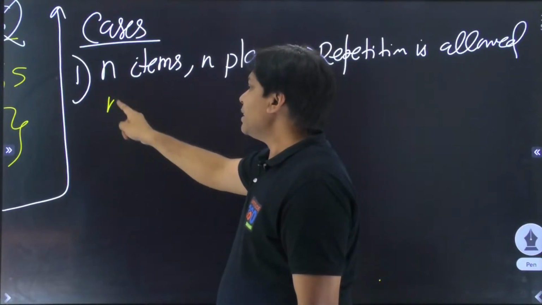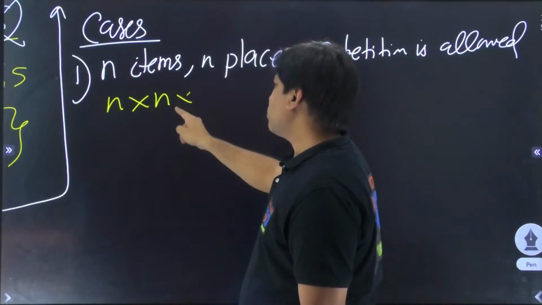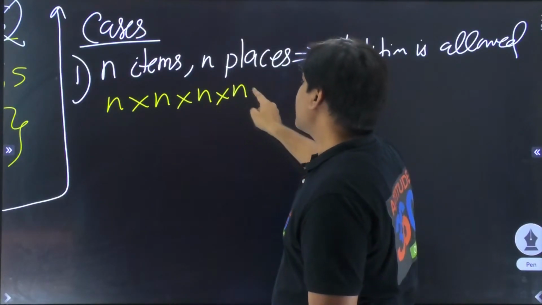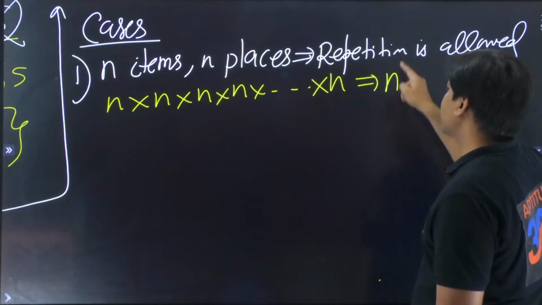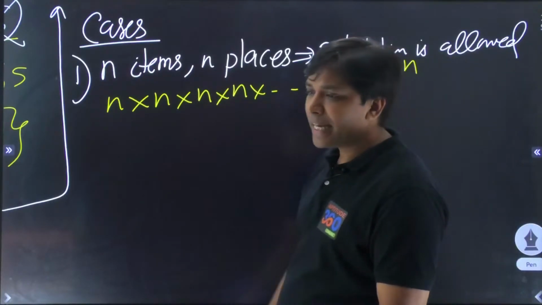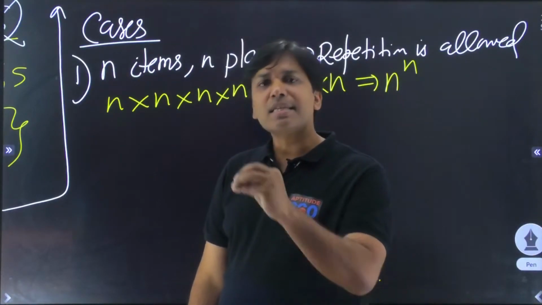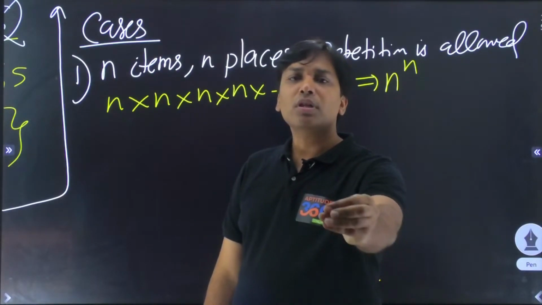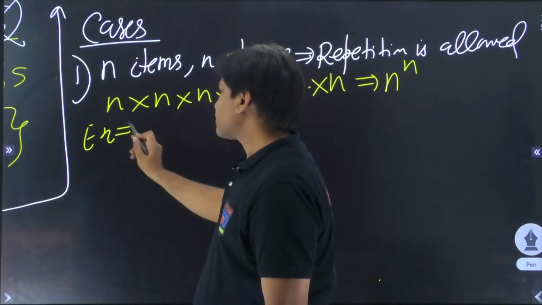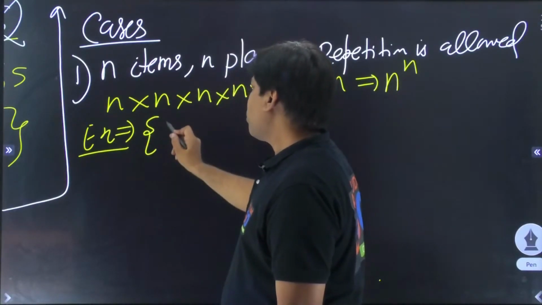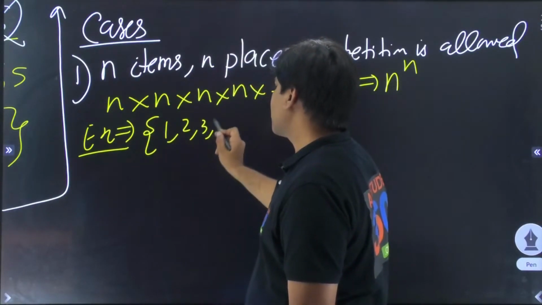So n into n into n into n, isn't it? What is the answer? N raised to n. N items, n places, repetition is allowed. So what is the example you have got? You got 1, 2, 3, 4.